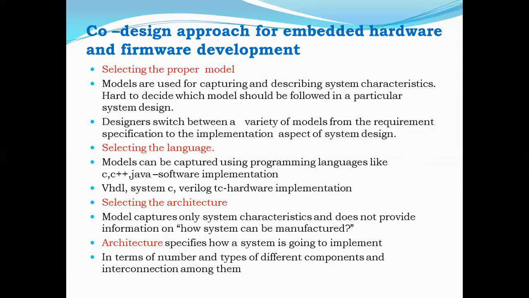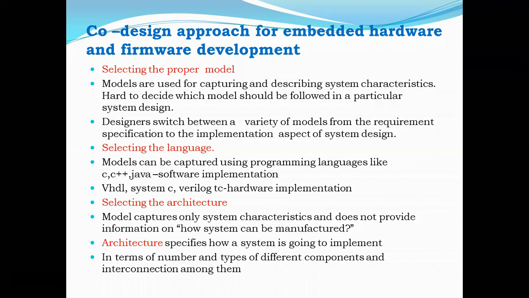This is the whole designing aspect of the embedded system. First you decide the model; the model is a layout of how you are going to do the designing. For that model, you write in one particular language. After that, you implement it in the hardware components. The same thing applies in the embedded system.